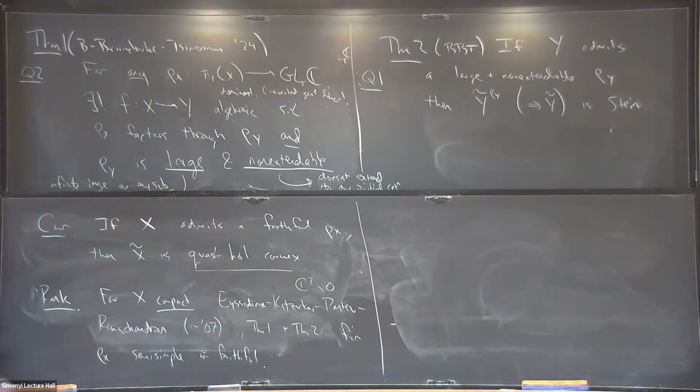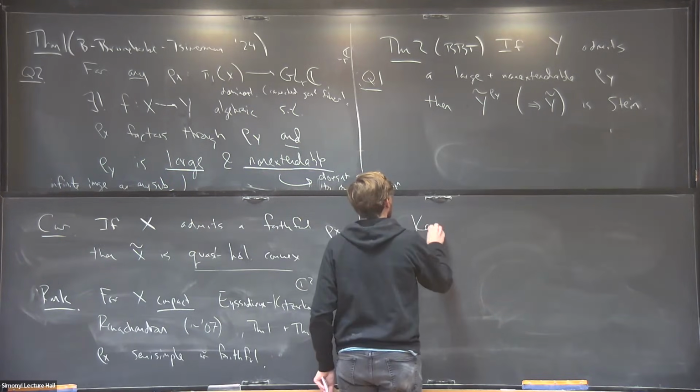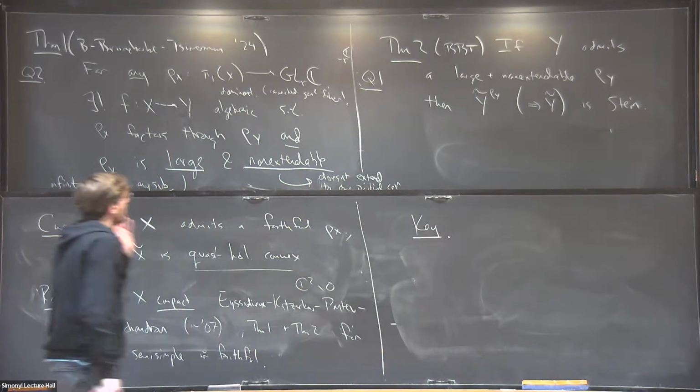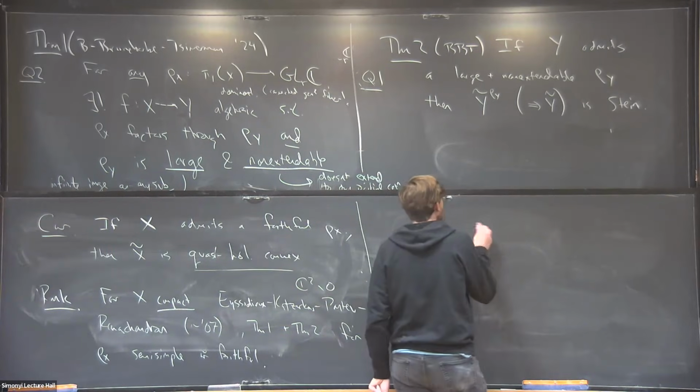So the main point here is upgrading this to the non-compact case, which takes advantage of a lot of advances in the past 10 or 15 years on non-abelian Hodge theory in the non-compact case. So I want to give you an idea of why those techniques are relevant. Sort of the key.